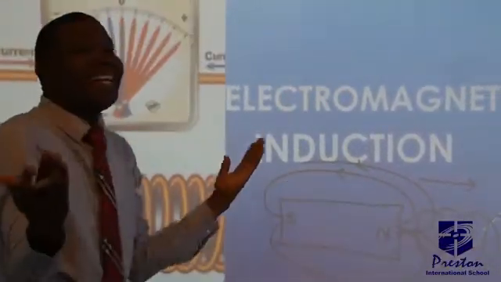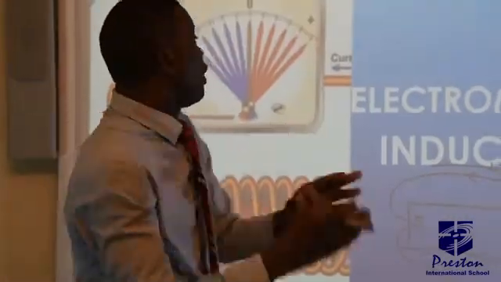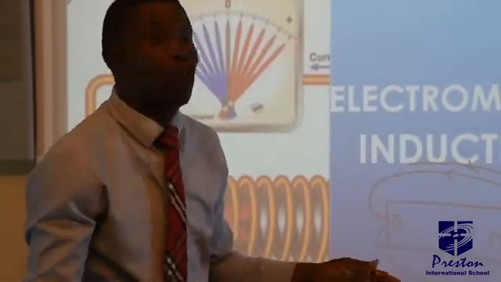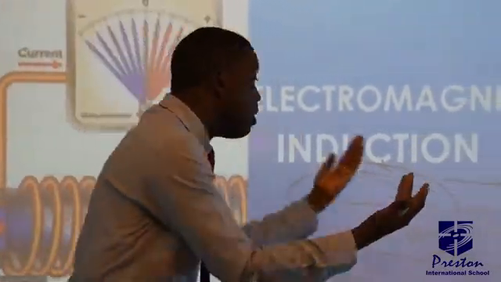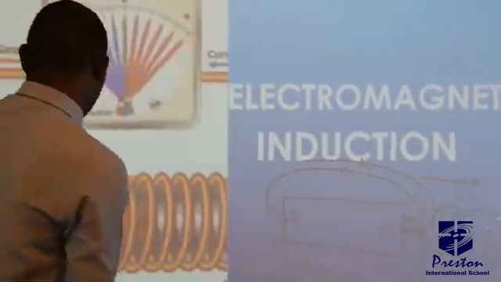Now, if the magnet is not moving, meaning that the magnetic field is not cutting the coil, this galvanometer will read zero. There will be no deflection. Current will not be induced. For current to be induced, there must be a relative movement between the magnet and the coil.